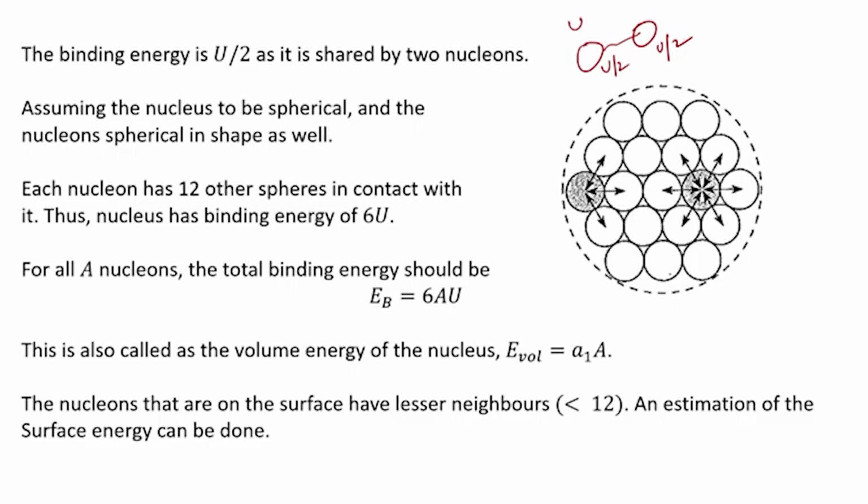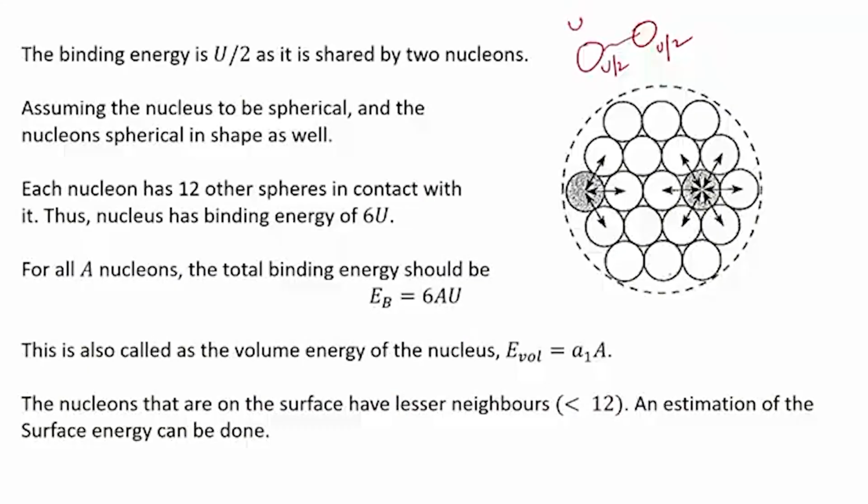Now, assume the nucleus to be spherical and the nucleons to be spherical in shape as well. You see this dotted line, that is the nucleus, and then there are these open circles and these colored circles, which are the nucleons inside. Think of these as liquid molecules interacting with each other but maintaining a shape, because the nucleus has to maintain its shape.